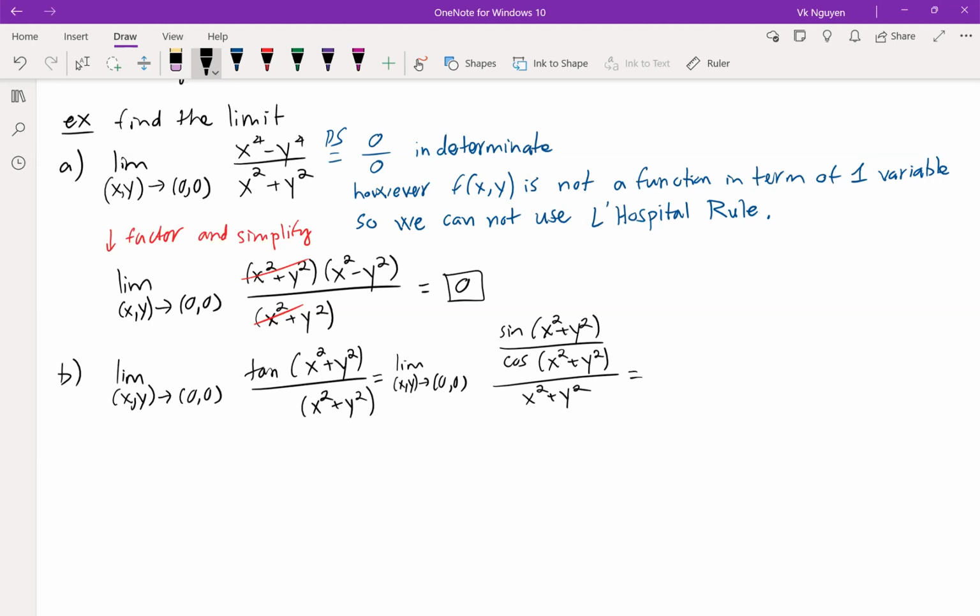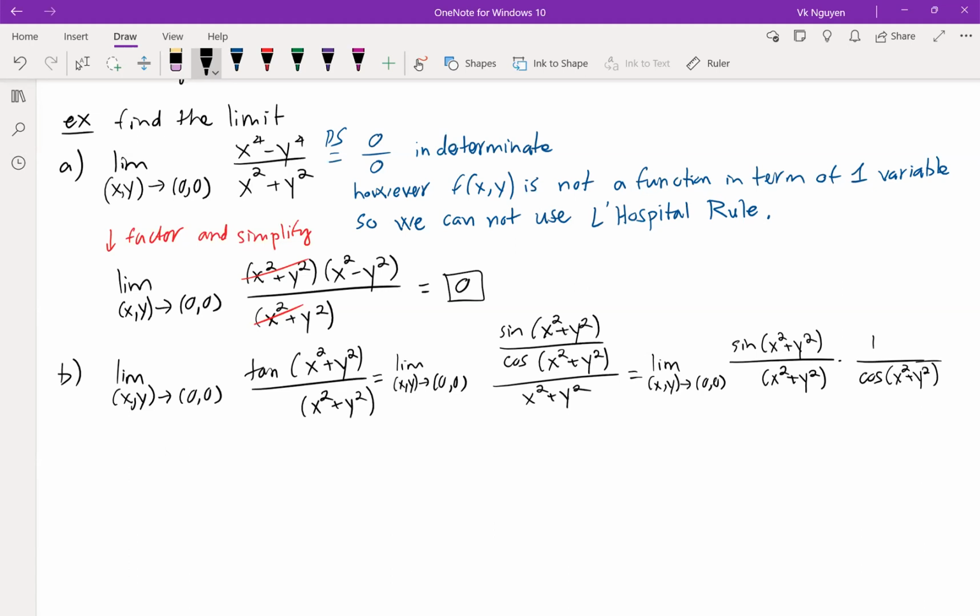Now do a little algebra manipulation, and then you're going to see that you will have limit (x, y) go to (0, 0) of sine (x squared plus y squared) over (x squared plus y squared) multiplied by 1 over cosine (x squared plus y squared).